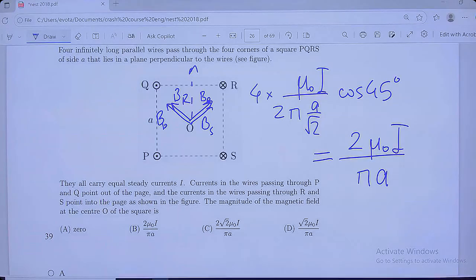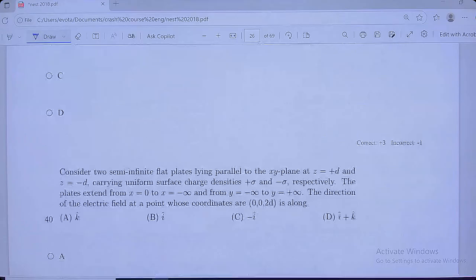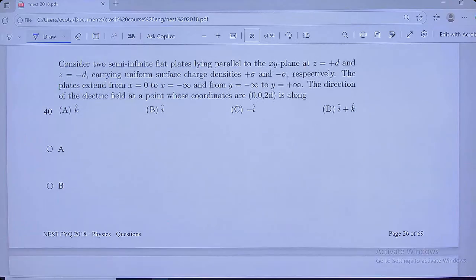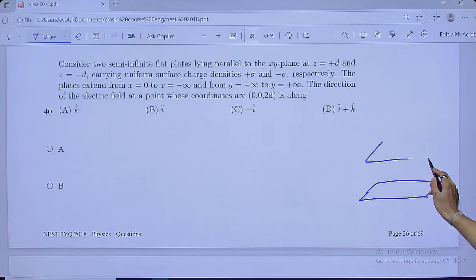Let's take a look at the next question. In this question, we have again two semi-infinite plates lying parallel to xy plane. So let's draw the xy plane in 3 dimensions like this, and we have two parallel plates in this way, right? We need to find the direction of electric field at point 0, 0, 2D.